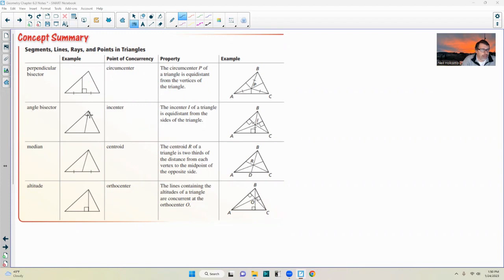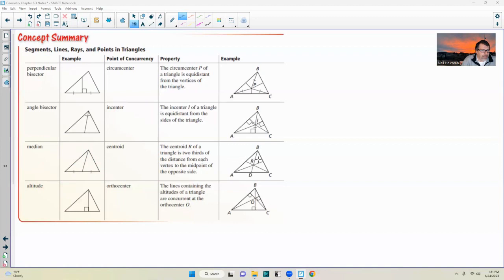Angle bisector: these two angles are congruent because it cuts the angle in half, and that point of concurrency is an incenter. This is a median, a line that goes from the vertex to the opposite side, cutting it into two congruent pieces. If there were two other medians, they would all meet at the centroid.